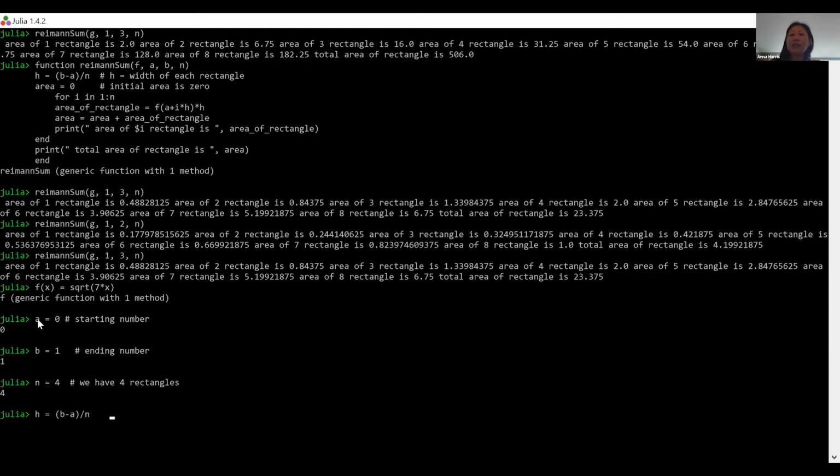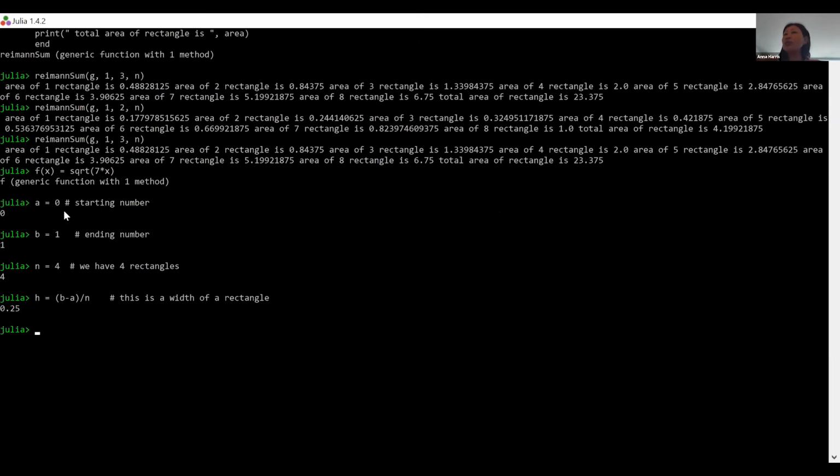This is a width of each rectangle. I'm going to write it down so you know what you're doing. So a is the starting number of x, b is the ending number, n is 4 rectangles. h is the width of each rectangle.